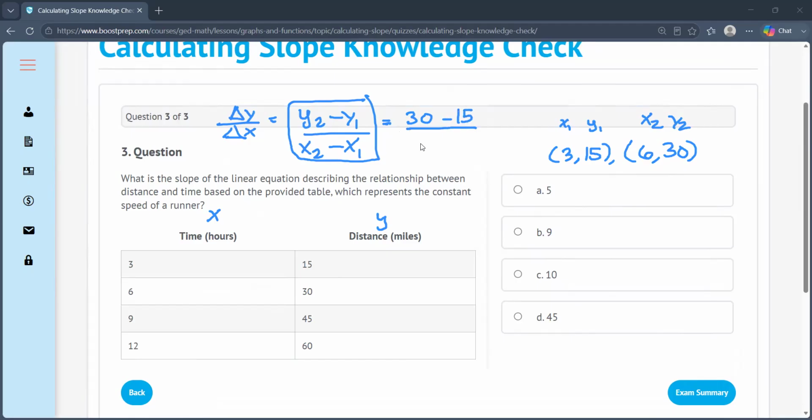What is my x2? 6. And what is my x1? 3. So what is 30 minus 15? 15. And then what is 6 minus 3, which is 3. And then 15 divided by 3 is 5. Okay, so that is letter A.